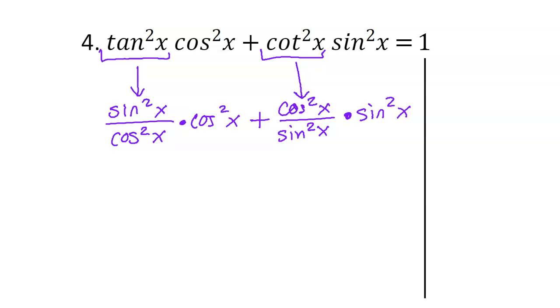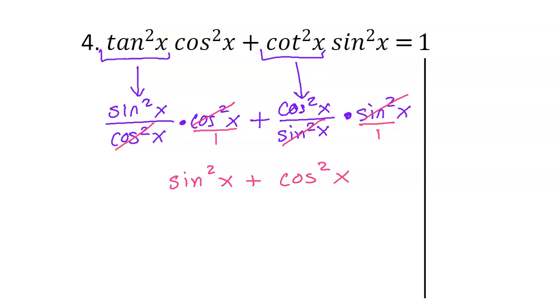Because if I have sine squared of x over cosine squared of x times cosine squared of x, that cosine squared of x is actually in our numerator. Whenever you have a like term multiplied between the numerator and denominator, it will cancel. Same thing here. The sine squared cancel, leaving me with just sine squared x plus cosine squared x.